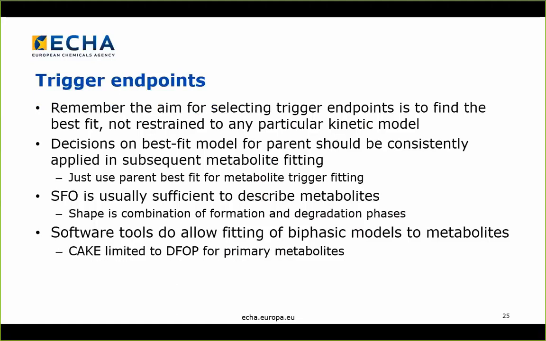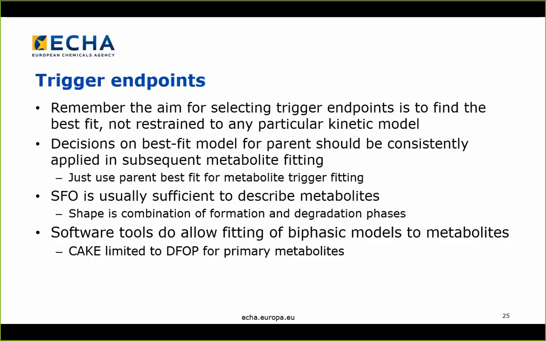Whatever decision you make on the best fit parent, you should consistently apply that kinetic model when you subsequently add your metabolites. So just use the parent best fit in your metabolite trigger fitting.